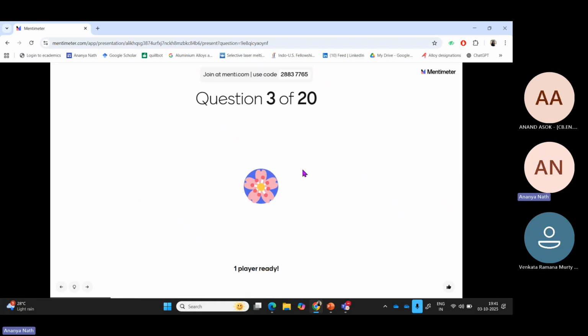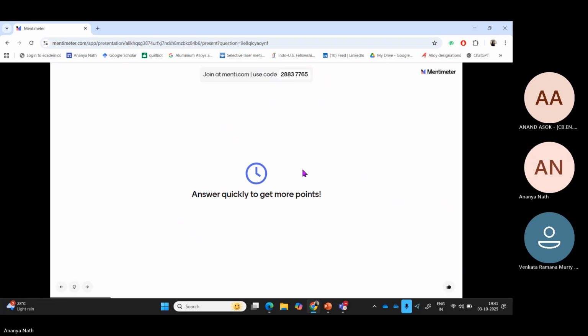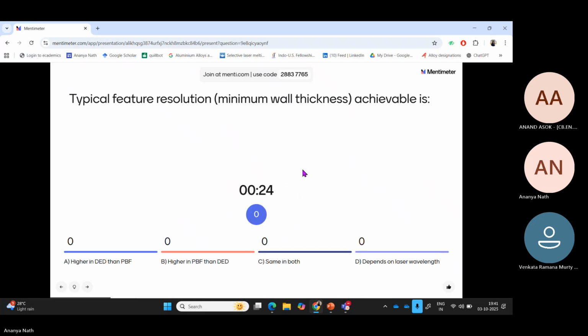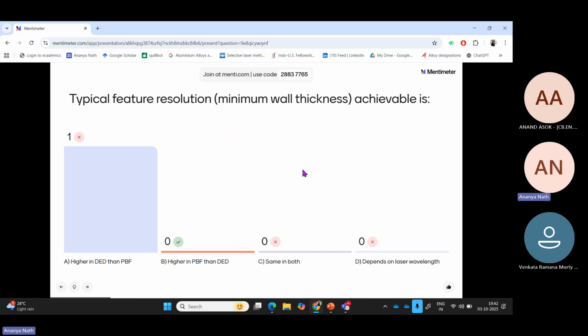Then your third question. It is just the vice versa, the opposite thing. In case of PBF, you can get very high resolution and very small wall thickness.